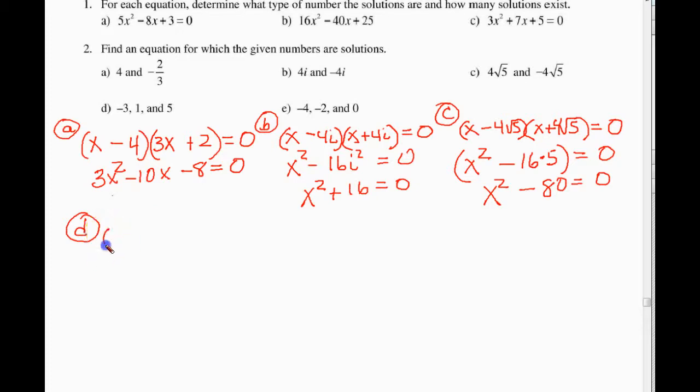So for this one, we're going to need 3. And we know there's going to be an x, an x, and an x, and then opposite signs. Plus 3, minus 1, minus 5.